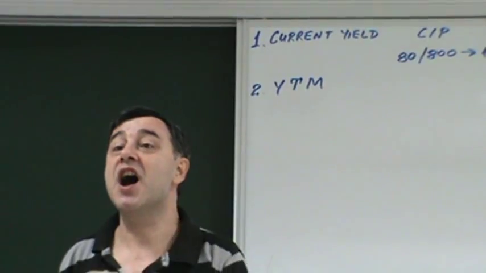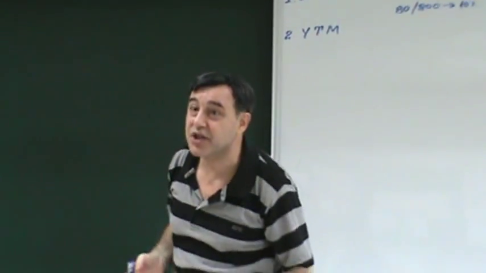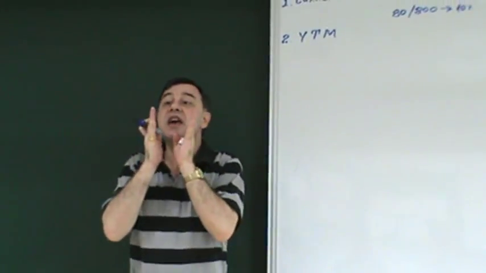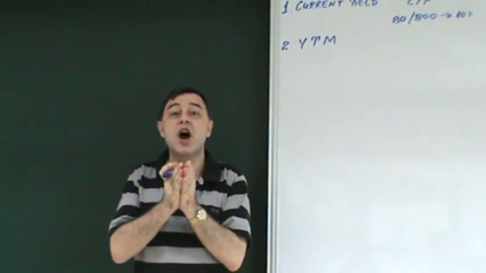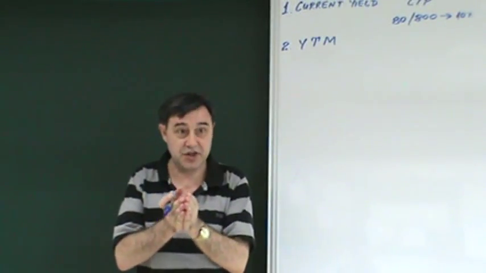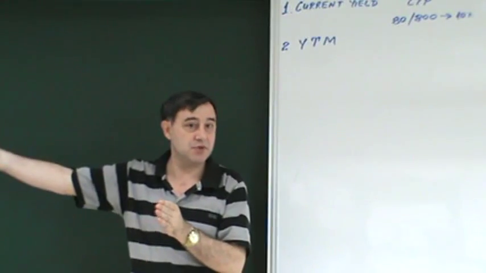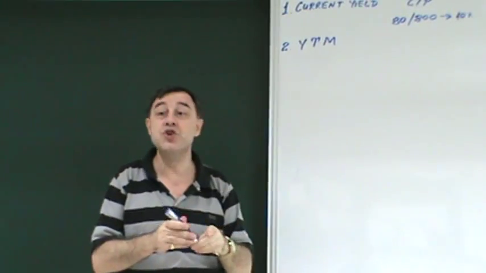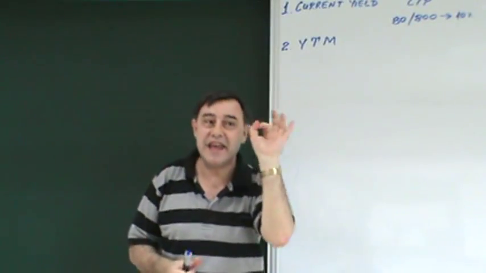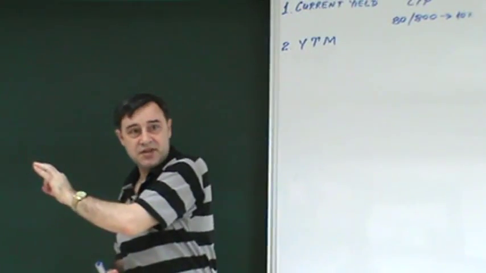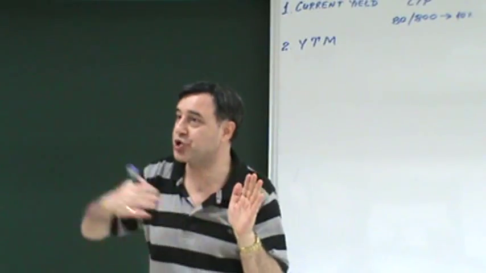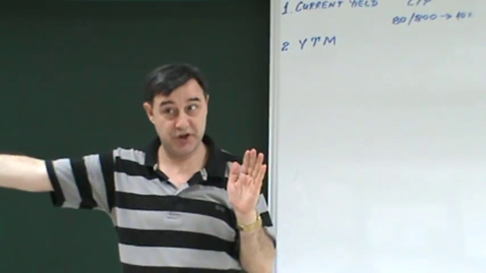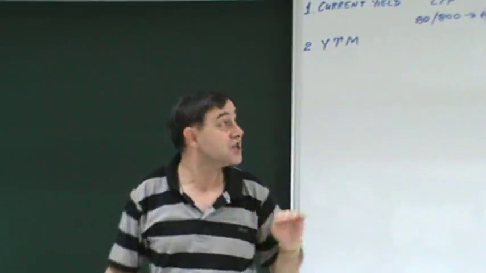It is simply the yield that you will receive if the investor holds the security, meaning the bond, until it matures. If you hold it until it matures, you know for sure each coupon payment, and you know for sure the maturity, meaning how many periods.